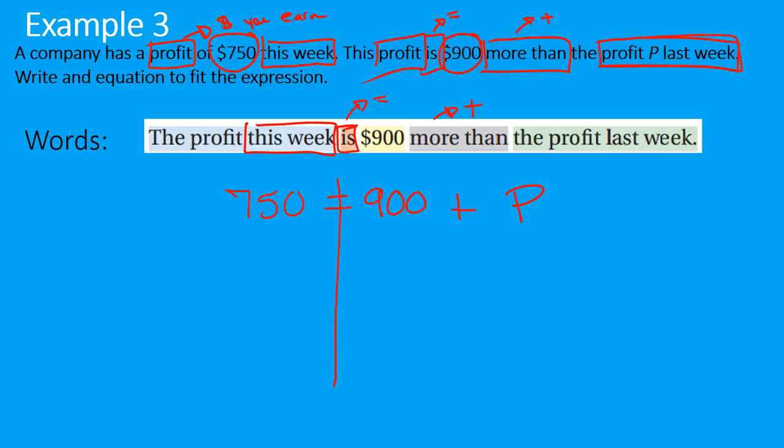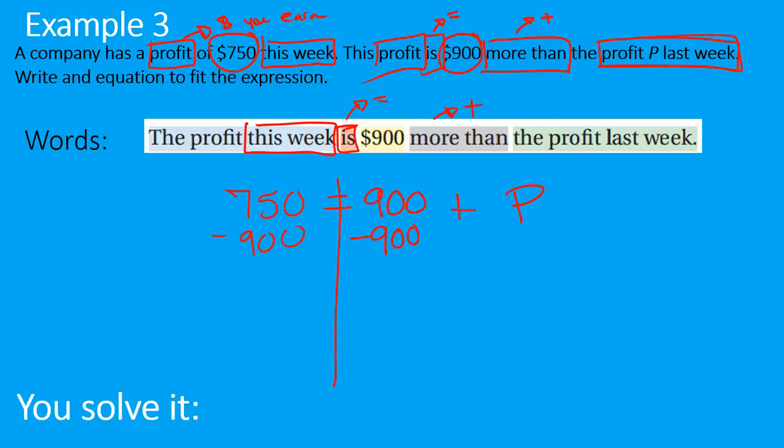Well, that 900 has what sign? It's positive. A positive 900 is the same as adding 900. So if you have plus 900, how do you get rid of it? That's right, you should be subtracting. So subtract $900 from each side.